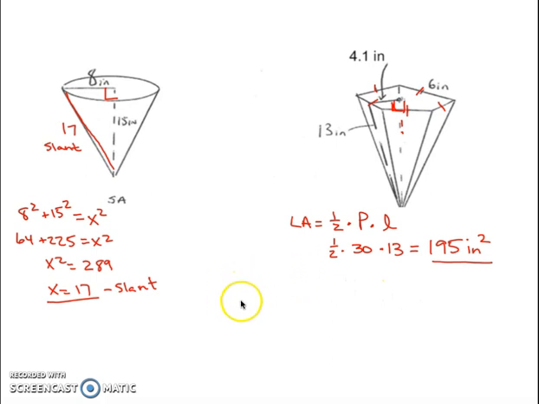Then your surface area is going to be the 195 plus the capital B, which in this case our capital B is our base. Our base is a polygon, regular polygon. In order to find the area of that, you have to do 1/2 times the apothem. So 1/2 times the apothem, which in this case is 4.1.